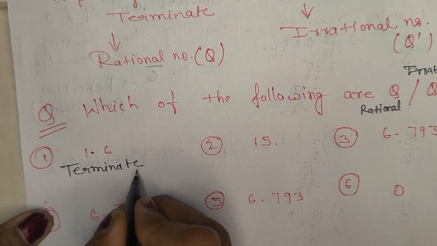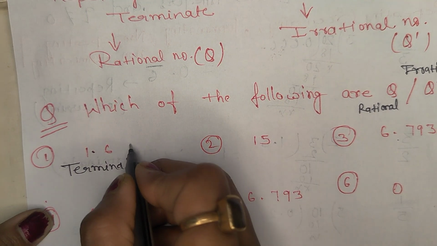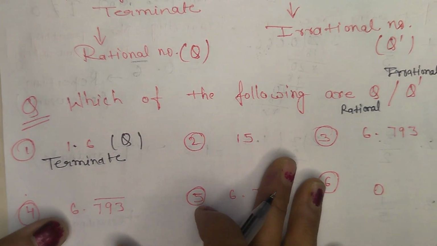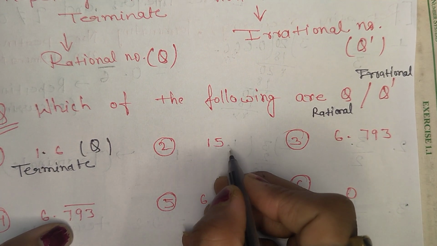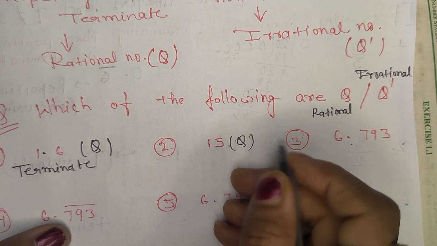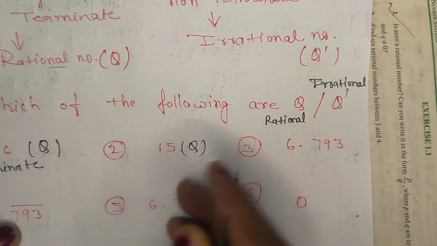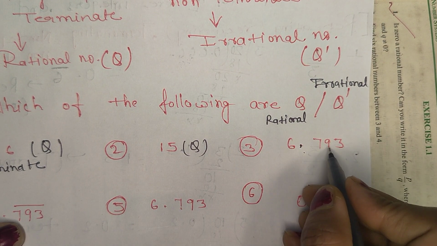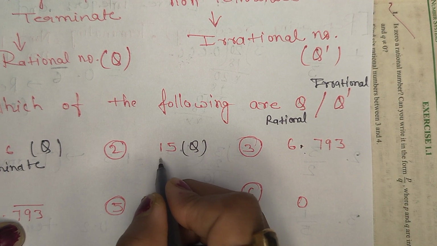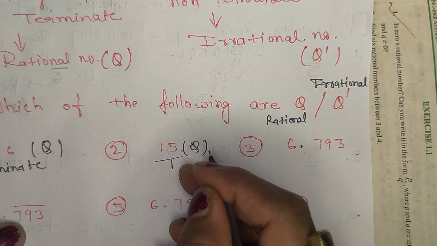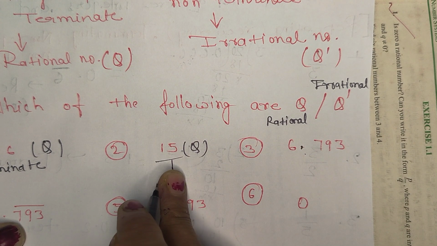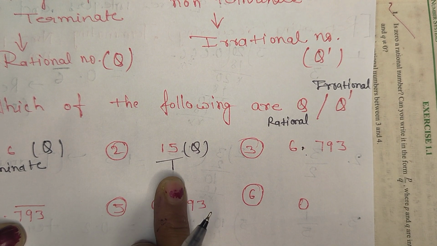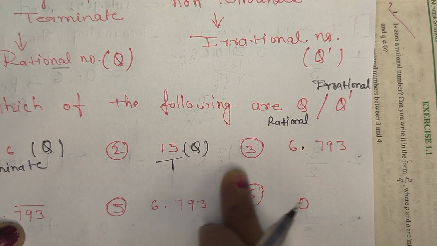This is a rational number. Next question is 15, which is also a rational number. You can write 15 by 1, and this satisfies the definition of a rational number.